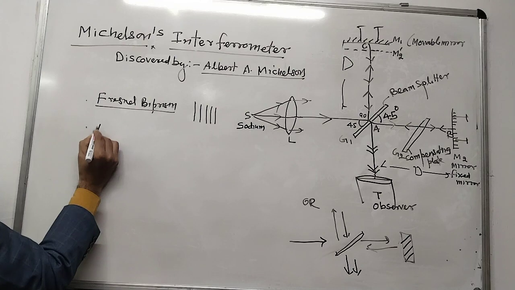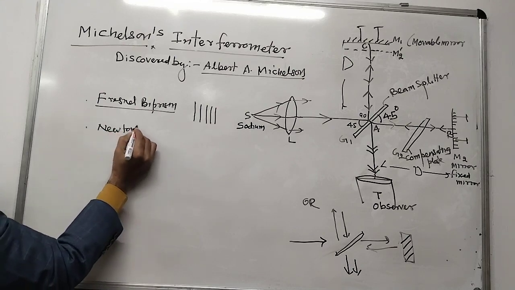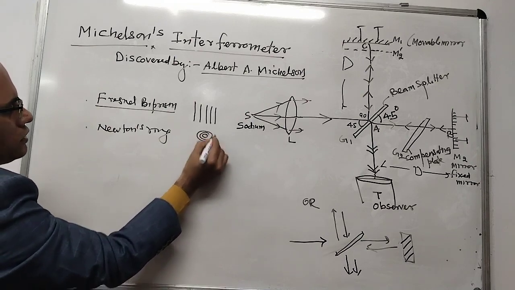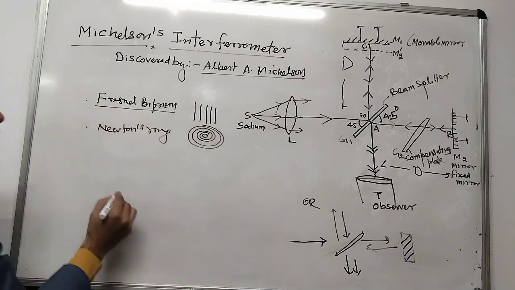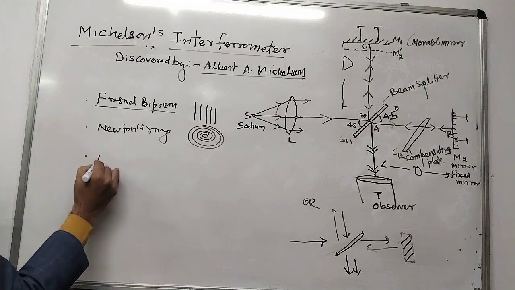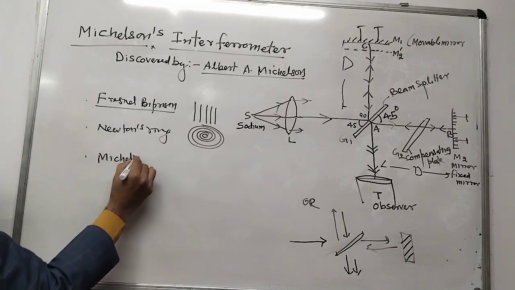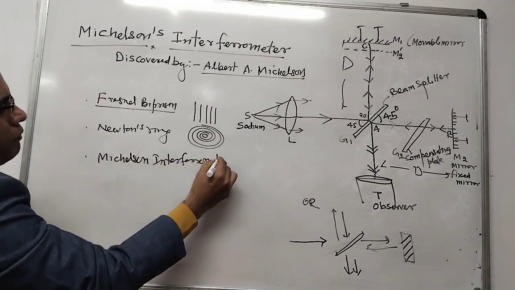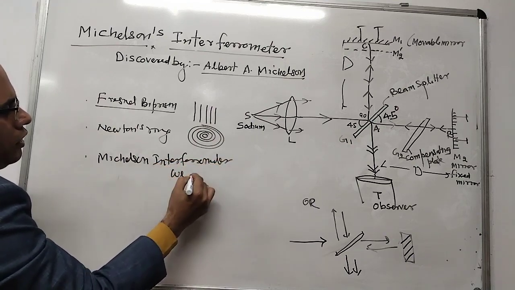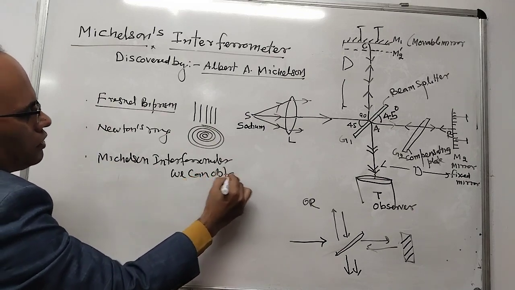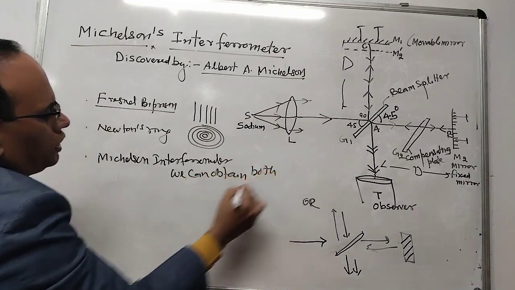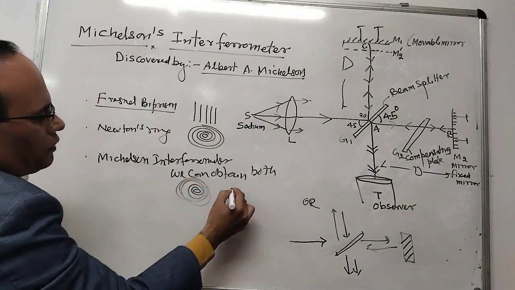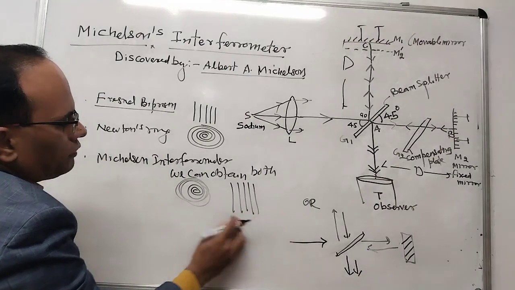And in Newton's rings, we get circular fringes like this. But in the third type, the Michelson interferometer, we get both. We can obtain both circular as well as straight fringes.